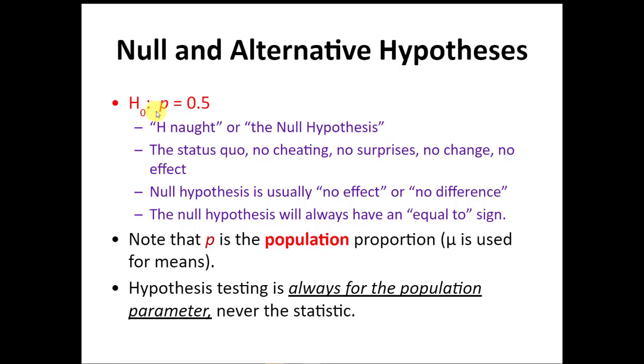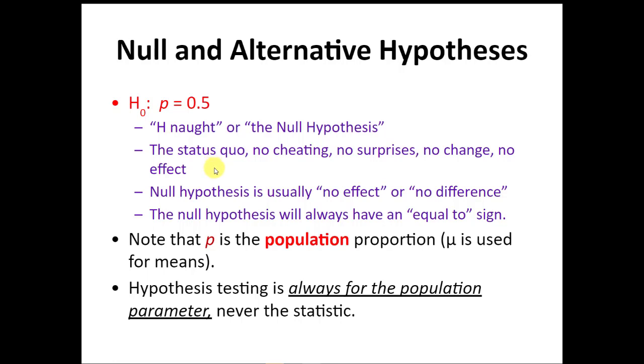There's a colon, and then we use the population parameter notation. So here we have P, that would stand for population proportion, equals, and then we have the actual population proportion as it is believed to be. Again, this is the proportion as it is believed to be, that there has been no change, no surprises, no effect.